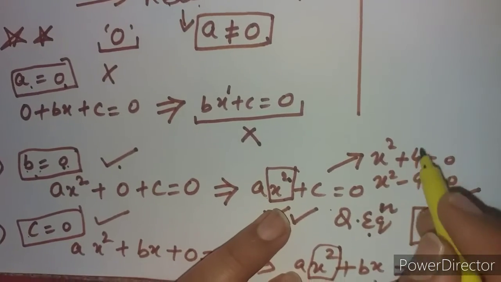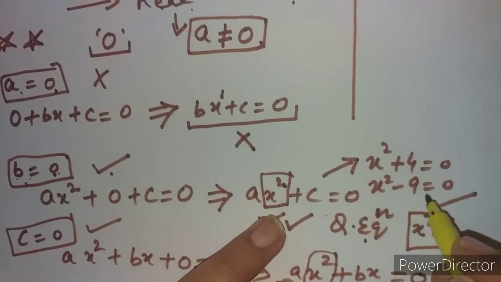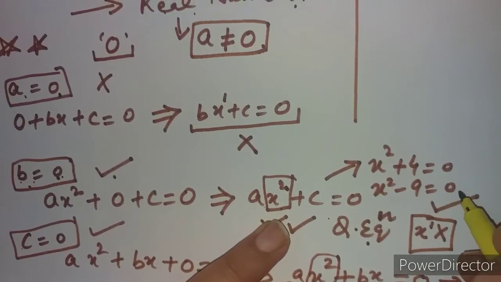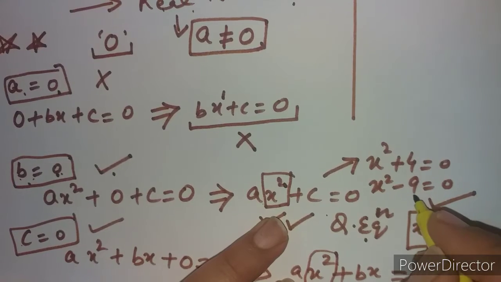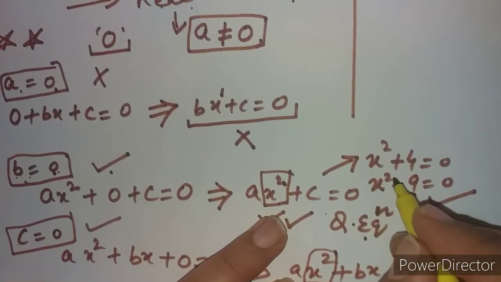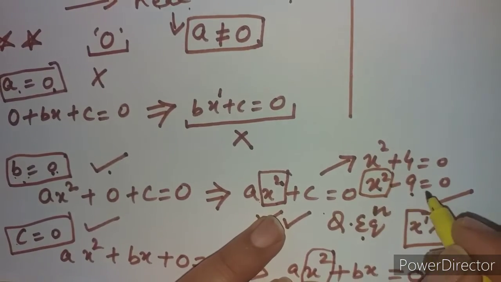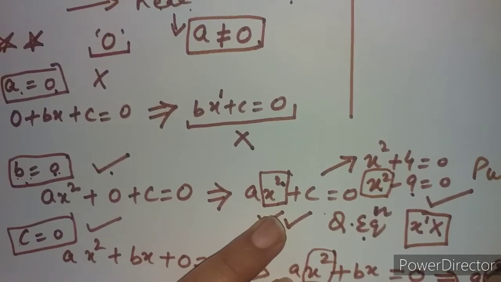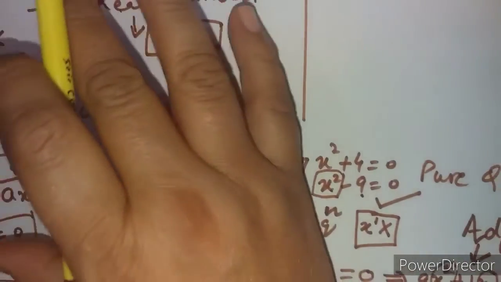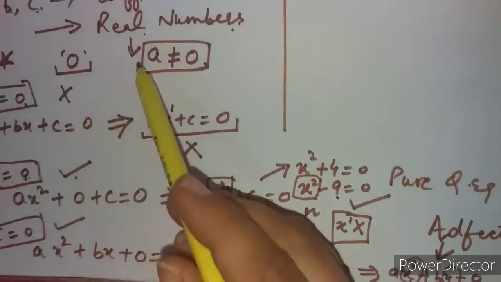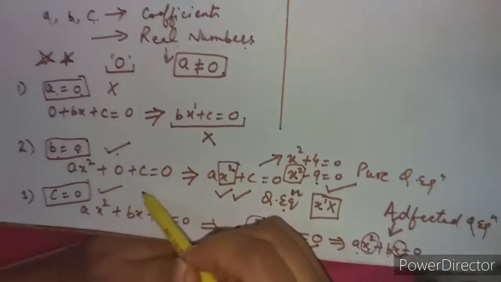For example only. So such are called pure quadratic equations. Pure quadratic equations means we have got one constant term and one term which exactly shows it is a quadratic. So these were about the standard form and the different cases for our coefficients.